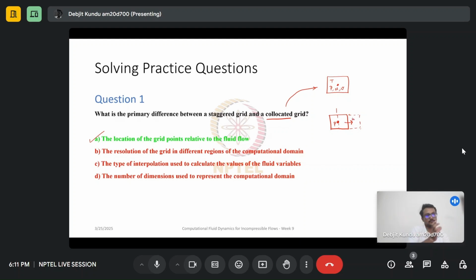So u would be shifted to the side, whereas the v velocity is shifted up top. So the location of these grid points relative to the fluid flow are different. So that's why it should be option A, the location of grid points relative to the fluid flow. Alright, so this was an easy one. Let's move along.